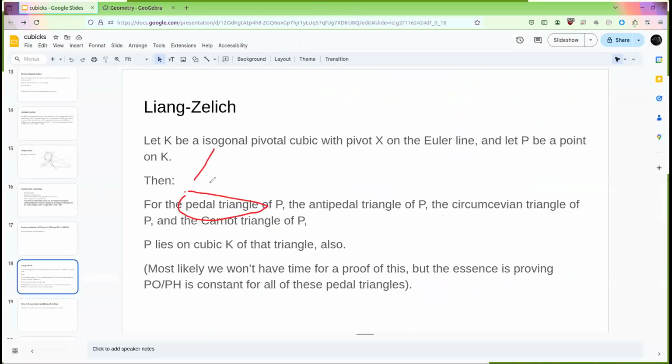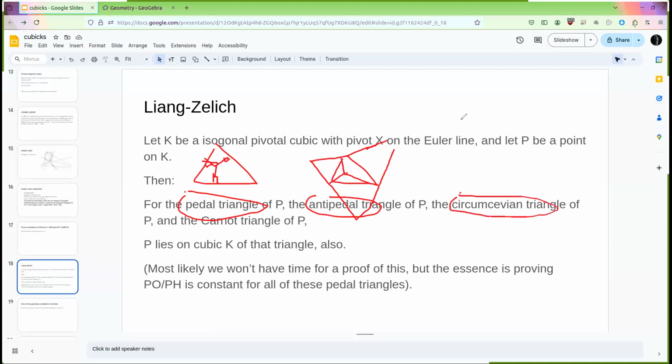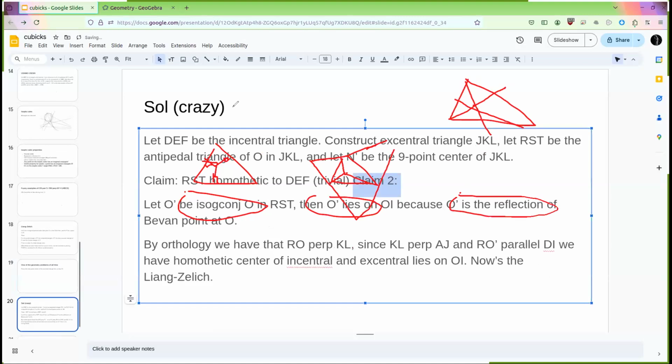Pedal is where you draw the feet to the sides. Antipedal is that for the opposite. You do this such that this is 90 degrees. Take a triangle and you draw these lines through it.